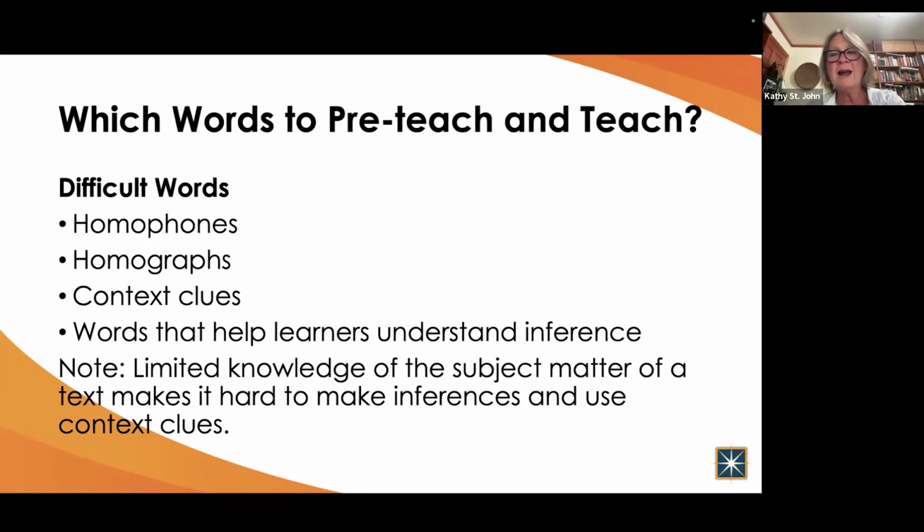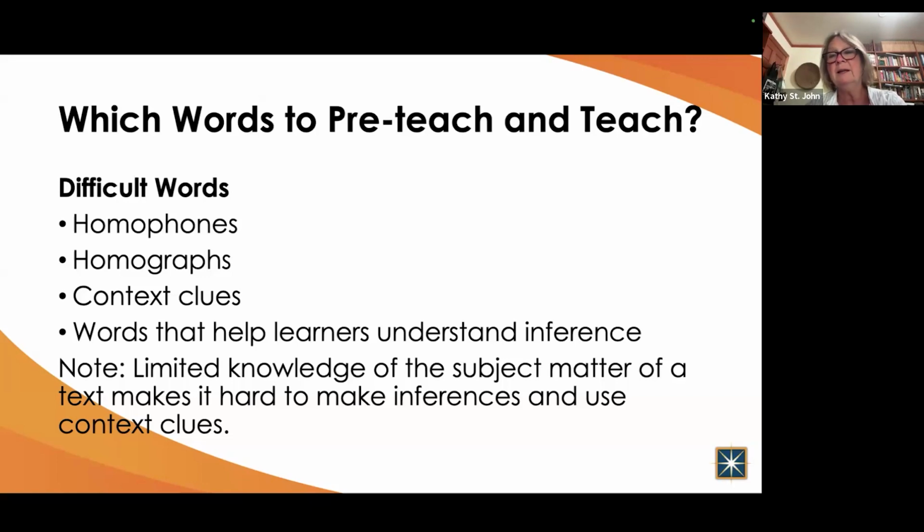What are homographs? They have the same spelling, but they may be pronounced differently and have different meanings. Often native English speakers are fine with homophones and homographs. For English language learners, they're very, very difficult.